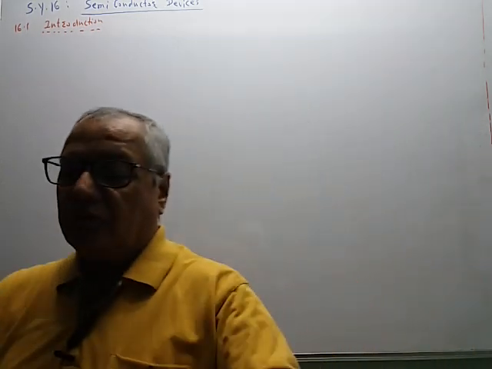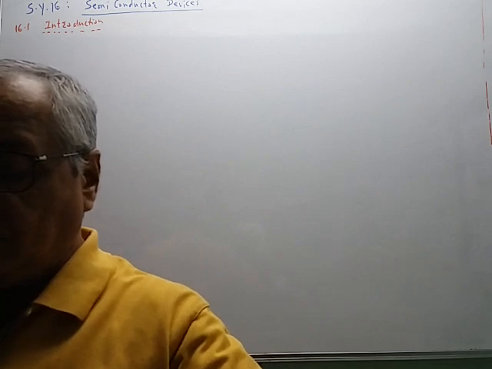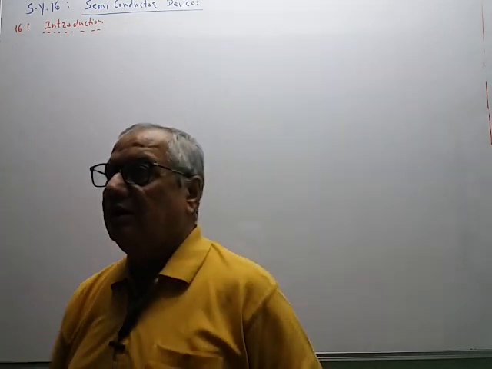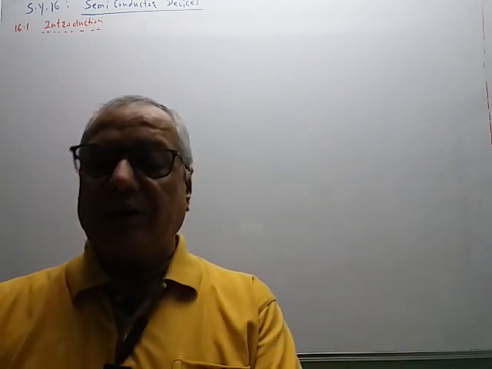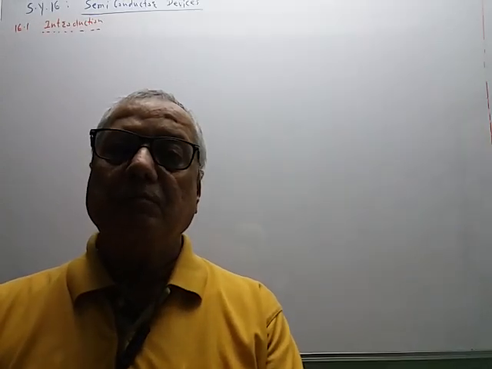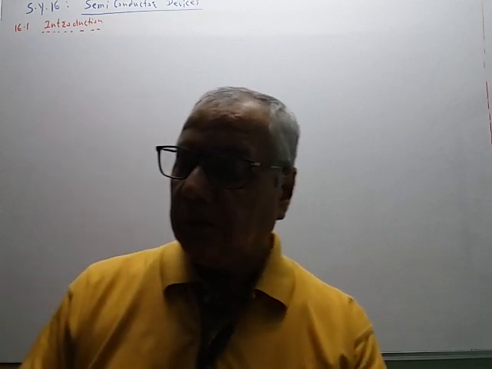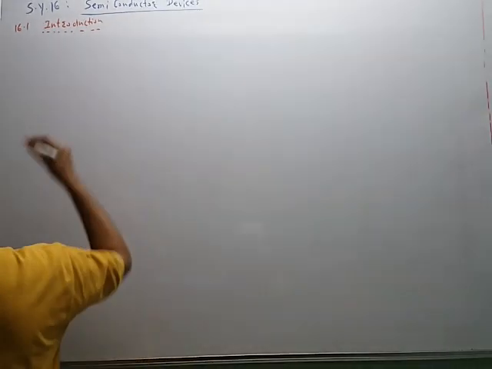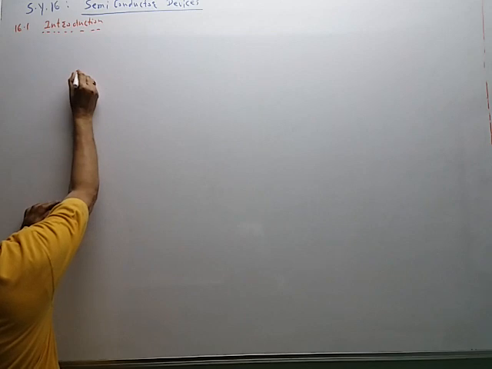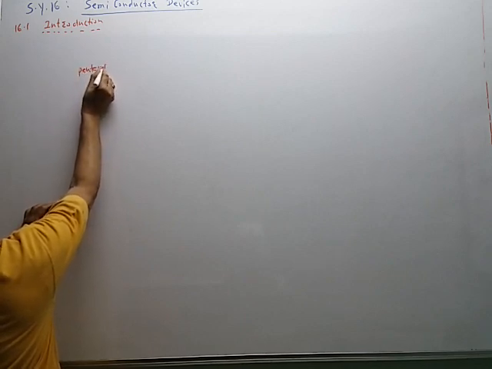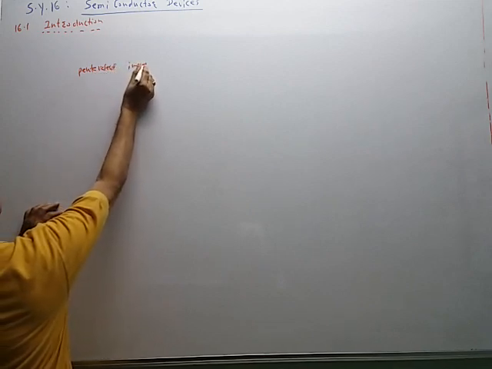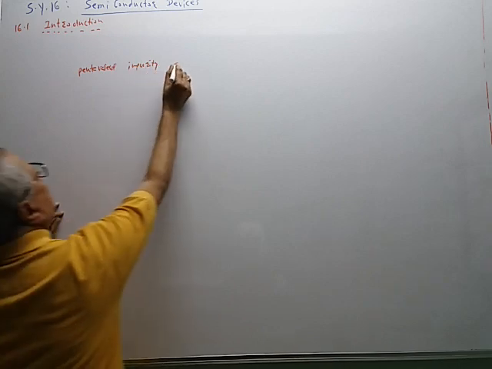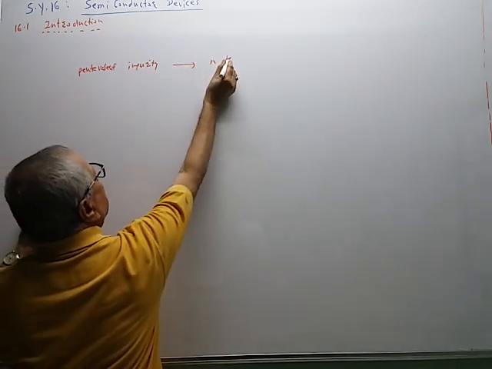Last year we have seen one chapter, semiconductors, and in that chapter we have seen that germanium and silicon are used as semiconductors. When the germanium substance is doped with pentavalent impurity, it produces an n-type semiconductor.